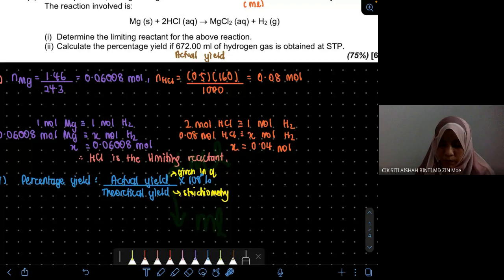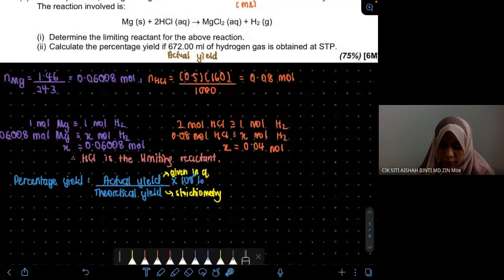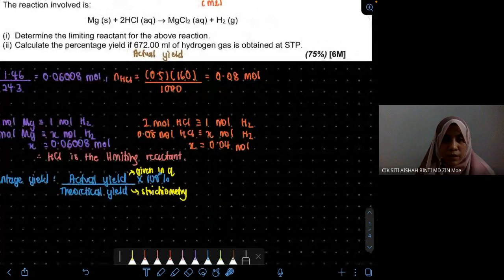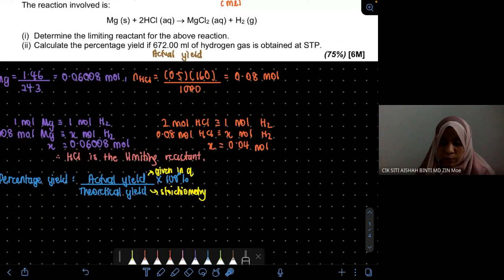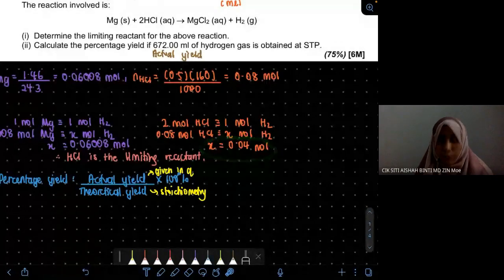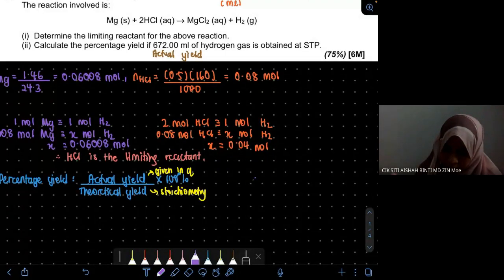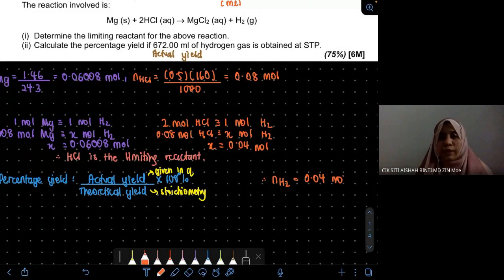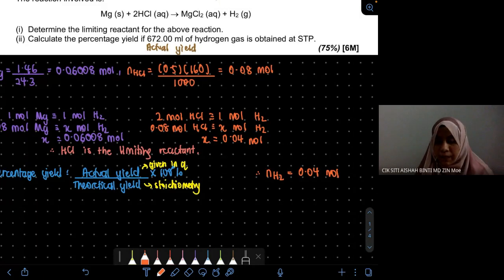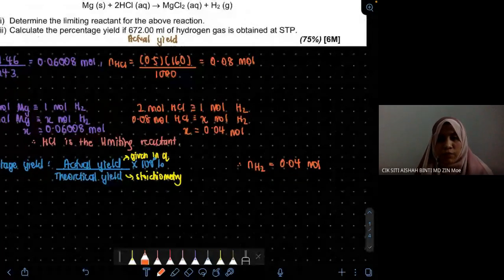So we have to find out the number of mole of H2 based on the previous step. We know the number of mole of H2 present is 0.04. But this time we want to find it in terms of volume.